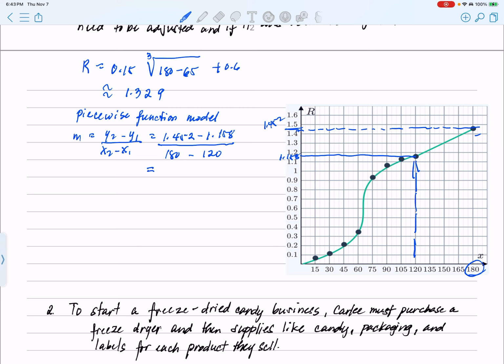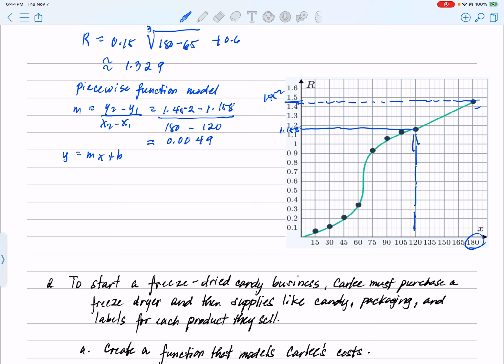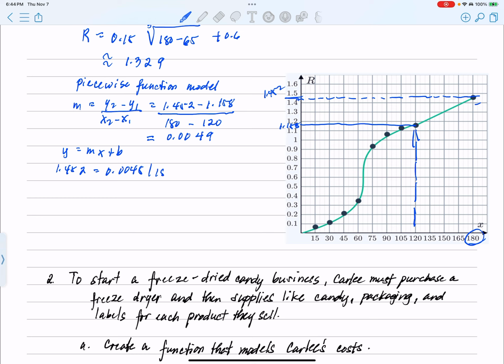So the slope-intercept form, the equation of the line, would be 1.452, that's the y, equals 0.0048, that's the slope, times 180, the value of x, plus b, the y-intercept. So how much would the y-intercept be? 0.57.